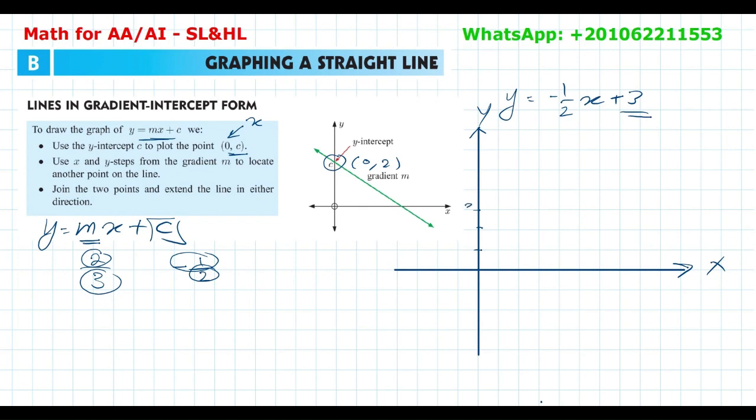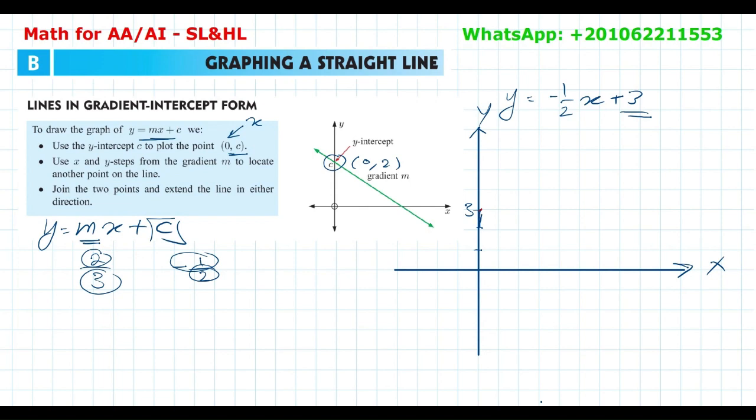Then this is the y-intercept, which is (0, 3), and this is the first point. After that, you need to move just one step in the negative direction for y.